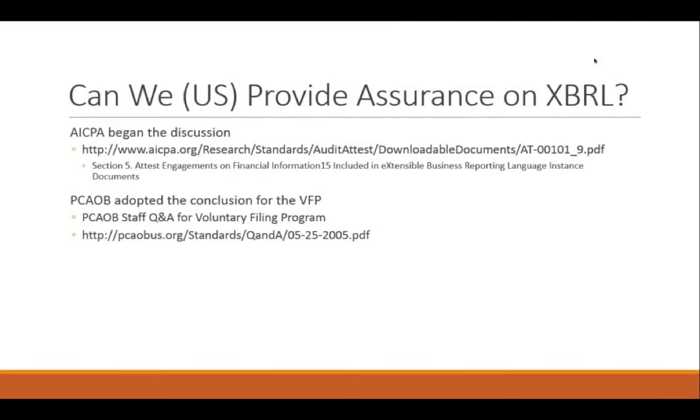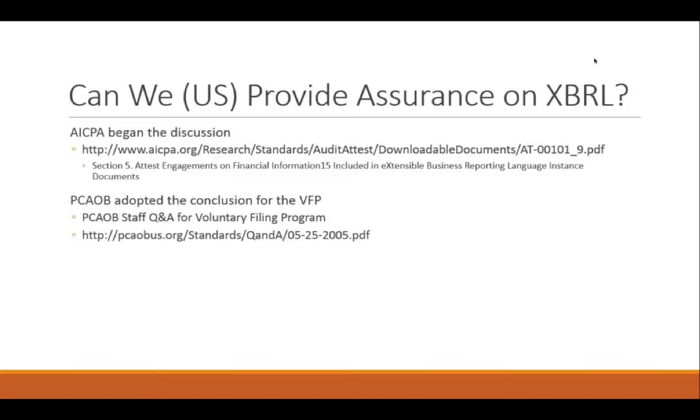So specifically, the discussion of the assurance on XBRL started a few years before XBRL became mandated, and it originated with the AICPA. You can find more detailed information about this discussion on this website.